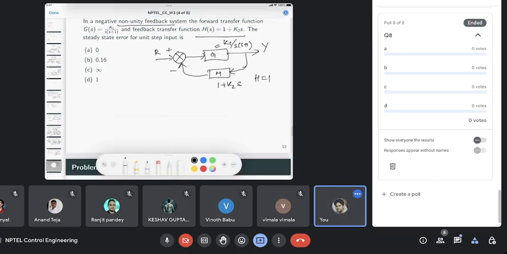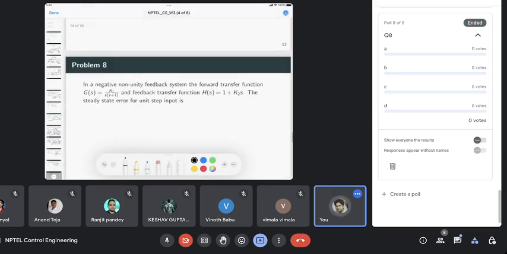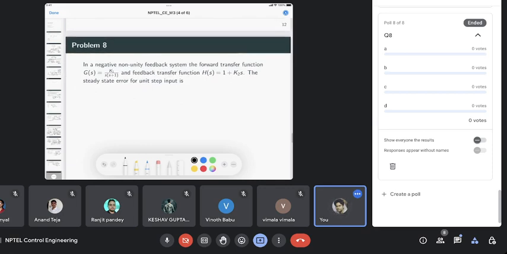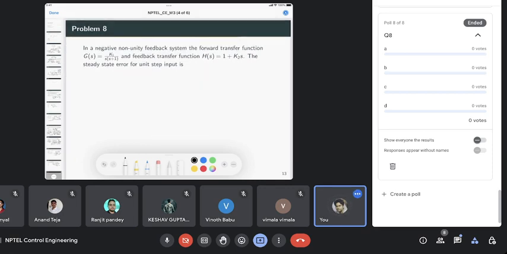Okay, I will draw this again. We have G(s), which is given as K1 by s into (s plus 1), and this H(s). I will just do it for the general model, then you can apply this formula directly. I will write G(s) and H(s) because it will be valid for any value of G(s) and H(s).